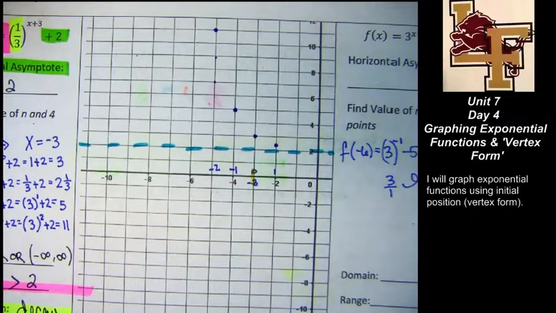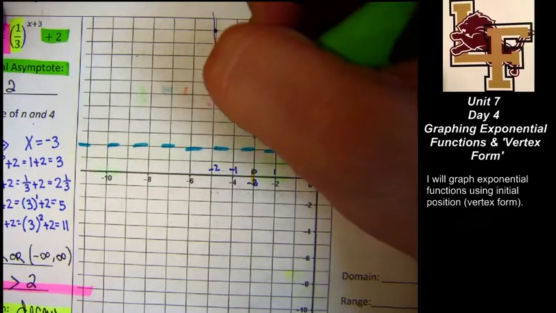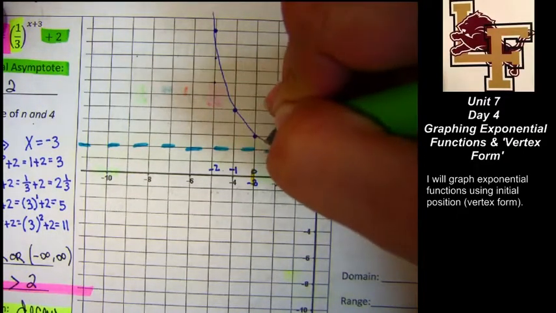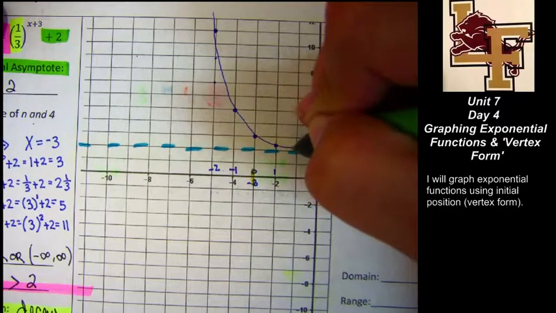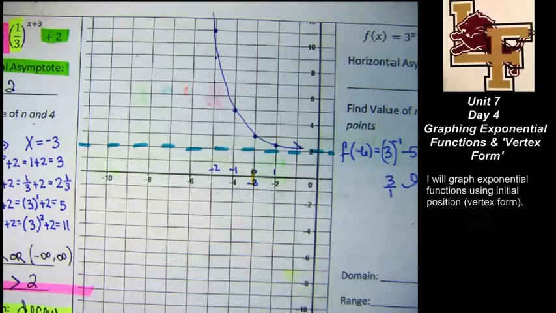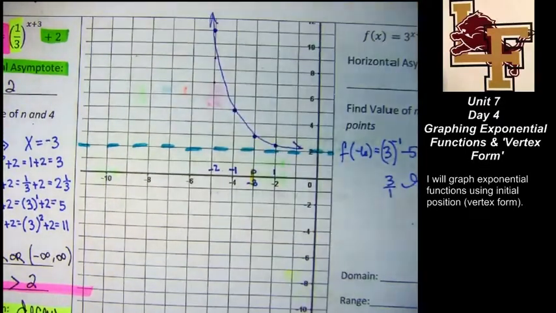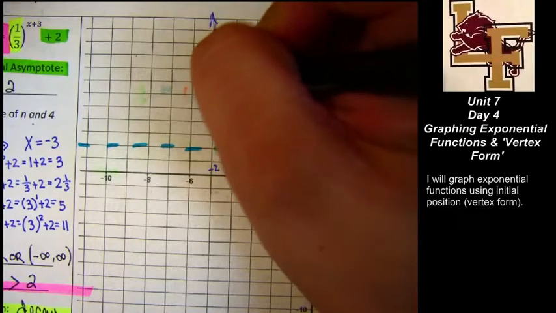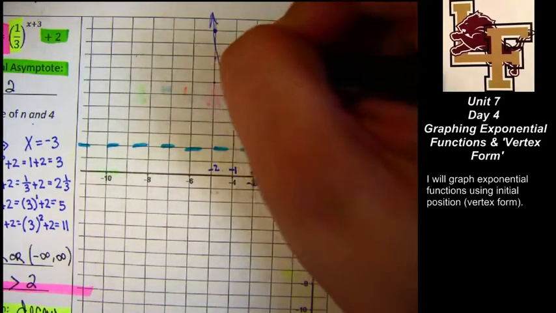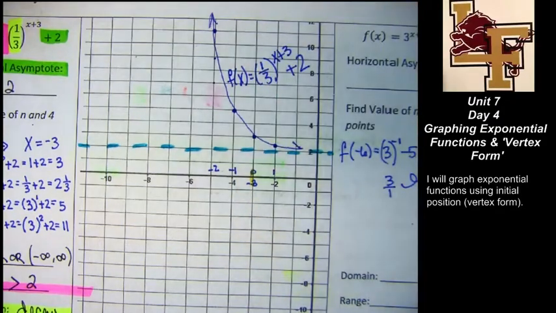There are my dots. So my graph is going to come like this, swoop around just as neatly and as beautifully as I can. And remember that it's going to go toward the asymptote. It's not going to touch it. And we're going to use that arrow with just one little thing coming off it so it doesn't look like I'm crashing into the asymptote. There it is. And I'm going to label my function. And I'm done.